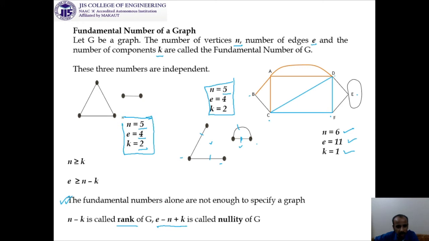So if they are enough to specify the graph, then this graph and this graph have to be the same. Are they? It is very much clear they are not. So this example gives us support for this particular statement.